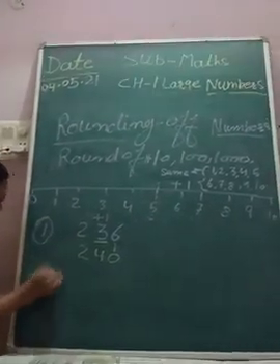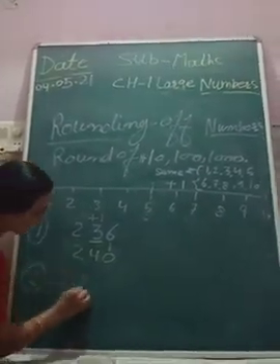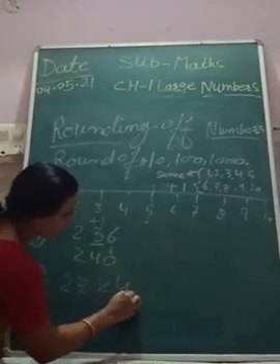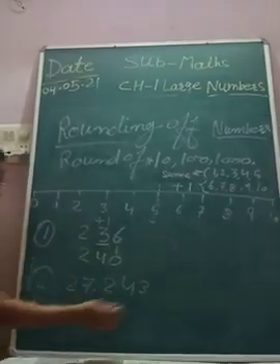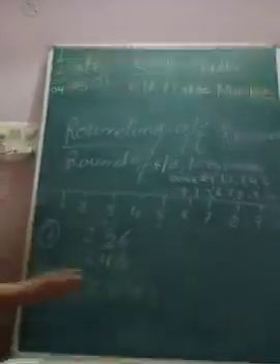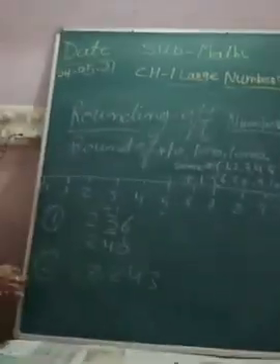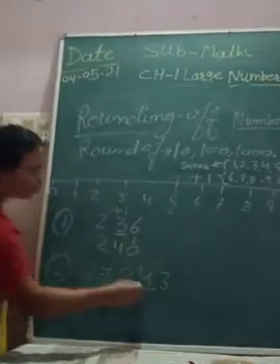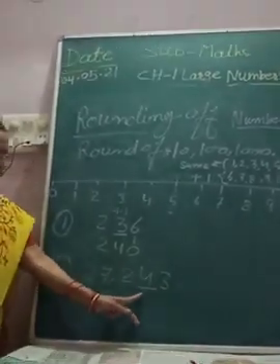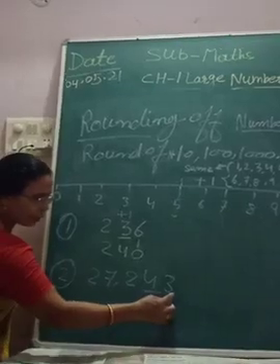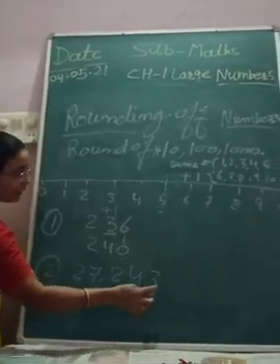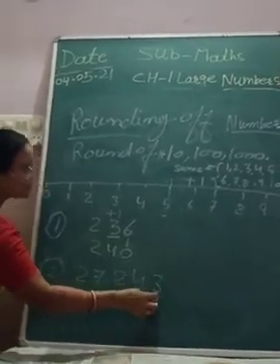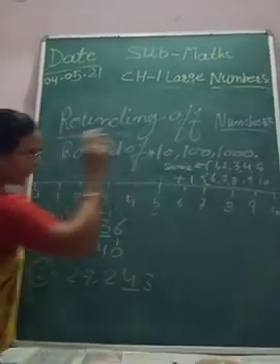Second example, see. Suppose I have written here 27,243. Again you have to round off to 10. So first you have to see which digit you have to round off. Round off to 10 means you have to round off this 4. Now you have to compare this 4 with 3. See, this 3 is in which group? First group or second group?